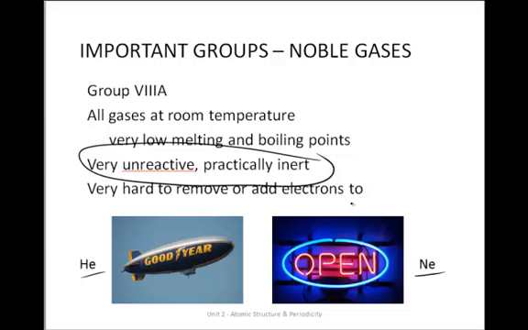And it turns out, since the noble gases are the most stable elements, practically inert, of the periodic table, when we compare and contrast elements to the noble gases, we're going to be able to learn a lot of information about why things react the way that they do.